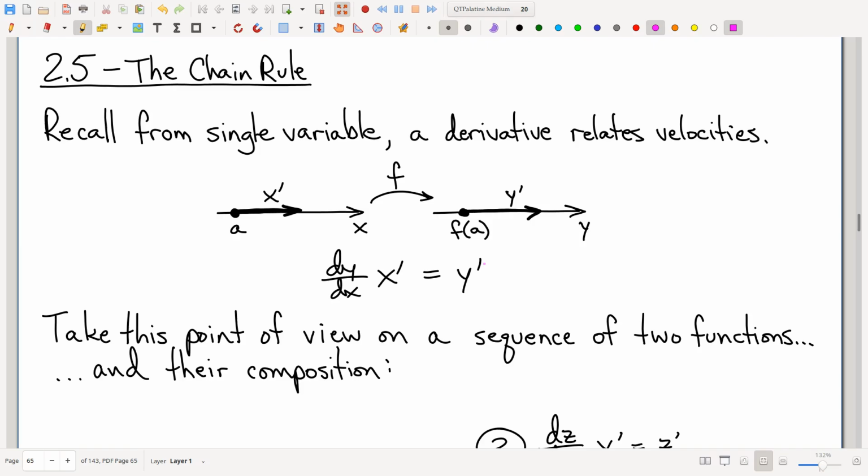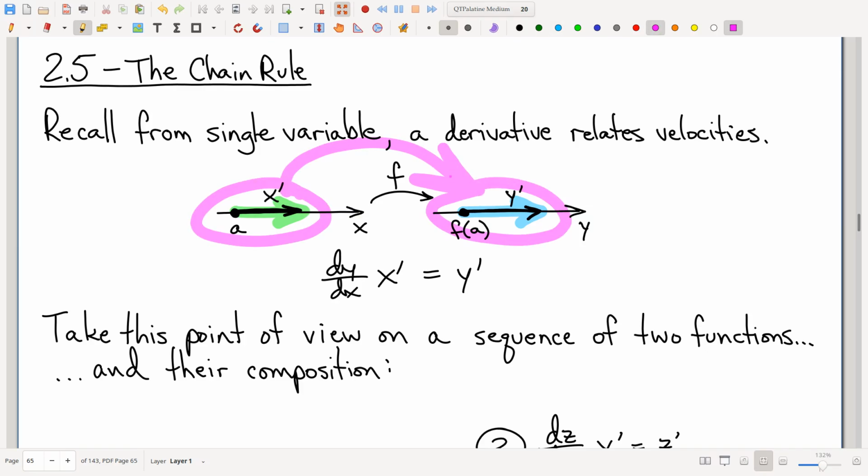So here we go. Now y'all will recall that one of our several points of view on a single variable derivative is that it's a relationship between input changes and output changes, or as I have it drawn here, a relationship between input velocities and output velocities. So it's what you multiply by input velocity to get output velocity.